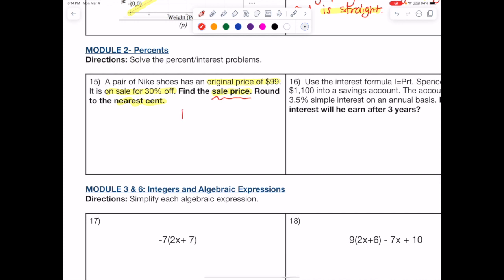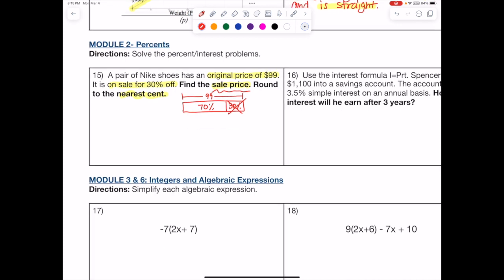So we've drawn this before, and we talked about something like this, where you see the 30%, and you see the 70%. So the original price was $99, and we want to take away the 30% and find the actual sale price now. So what percentage are we actually trying to find? We're trying to find 70%.